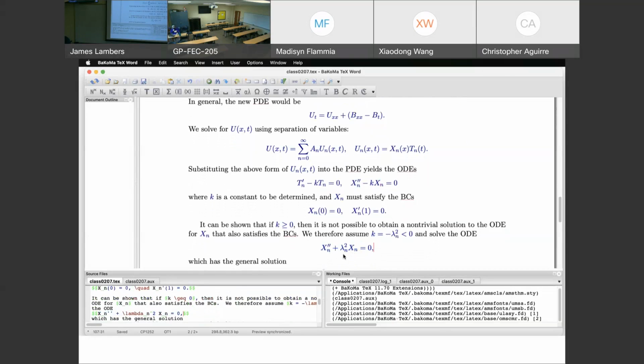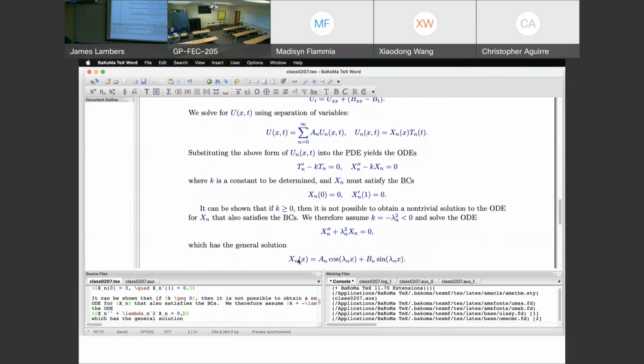And falling back on what's known about how to solve second order ODEs such as this one, this is the general solution. So anytime you have a solution double prime plus a positive constant times the solution equals 0, then your solution is a combination of sines and cosines.